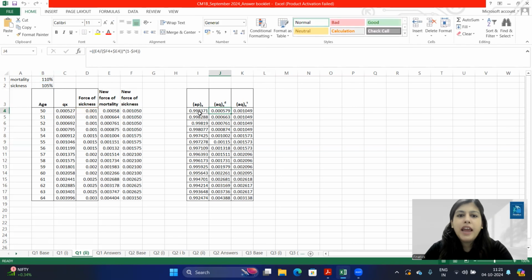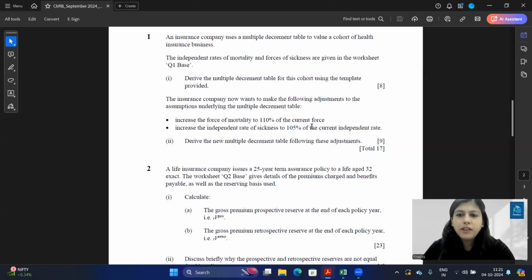Then the formulas remain the same as what we did previously: e to the power minus mu plus sigma, then mu by mu plus sigma into 1 minus apx, and sigma by mu plus sigma into 1 minus apx. And then you can just get the answers. This was a very straightforward question.